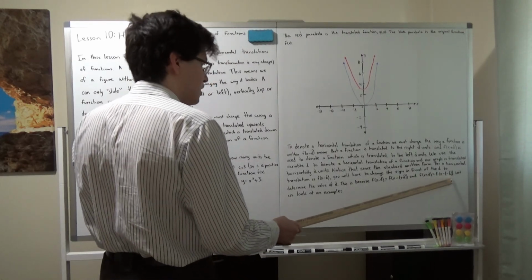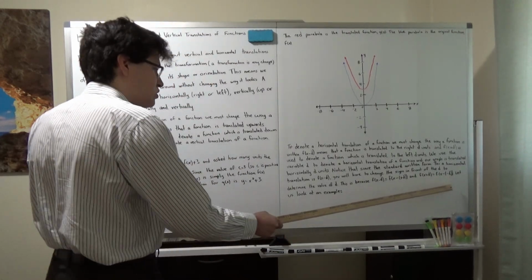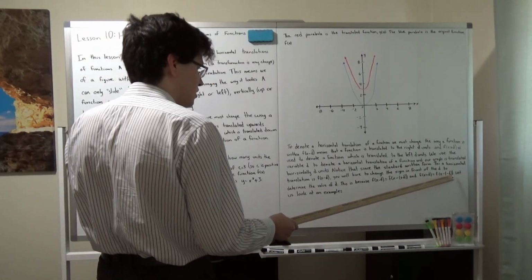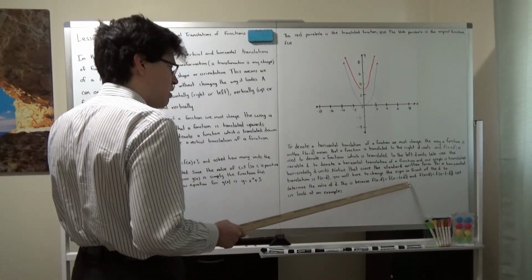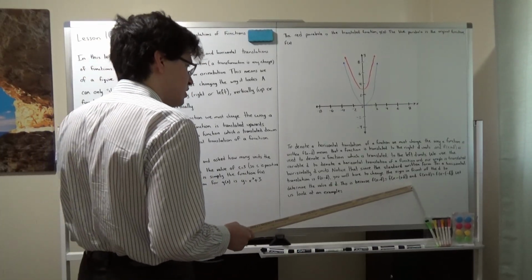That means d is negative, and the function is translated left d units. Here d is positive, and the function is translated right d units.